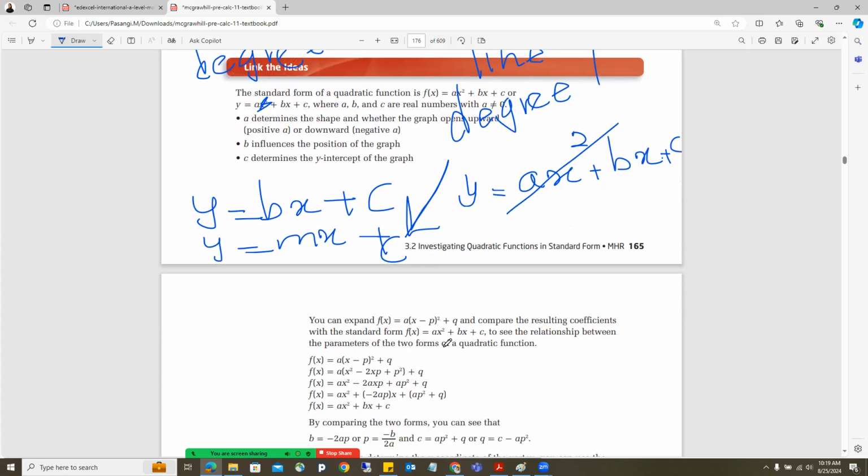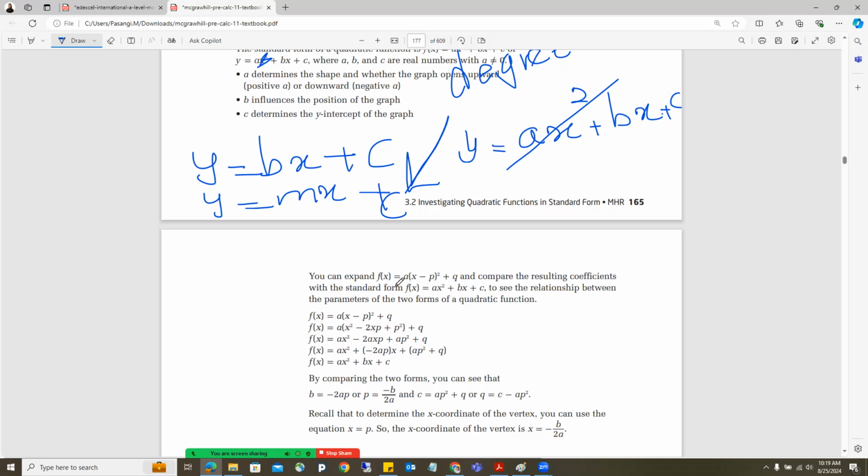You can expand. Now what we are doing here is, this is what we had as a vertex form. Can you remember? y is equal to a times (x minus p) squared plus q. This was our vertex form quadratic equation. Now the standard form quadratic equation is y equals ax squared plus bx plus c.